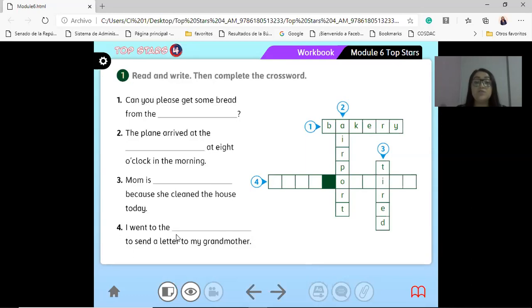I went to send a letter to my grandmother, para enviar una carta a mi abuela. I went to the post... and the answer is, I went to the post office to send a letter to my grandmother.